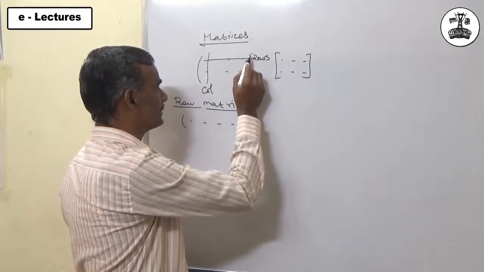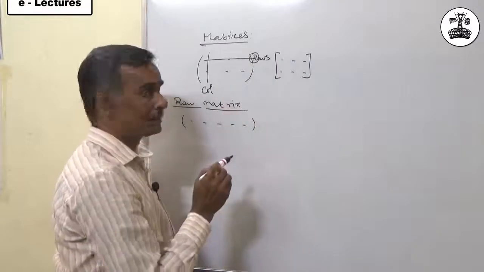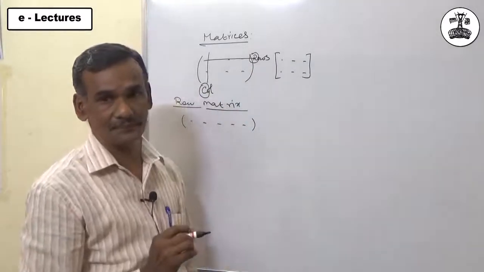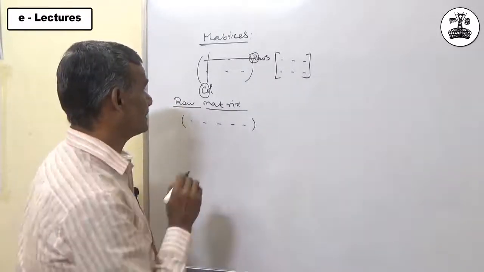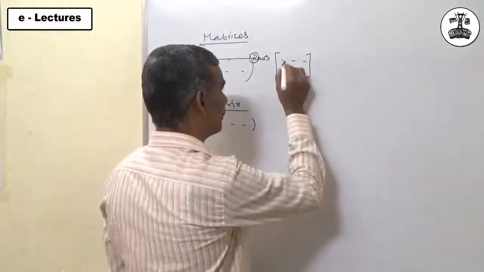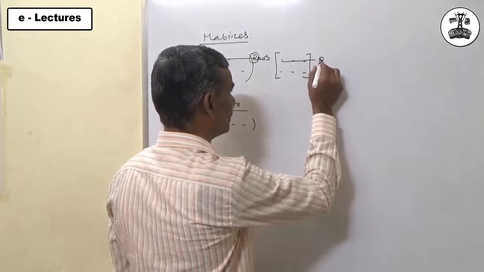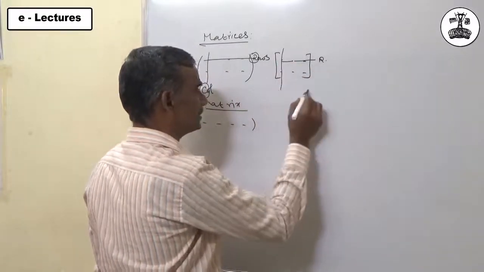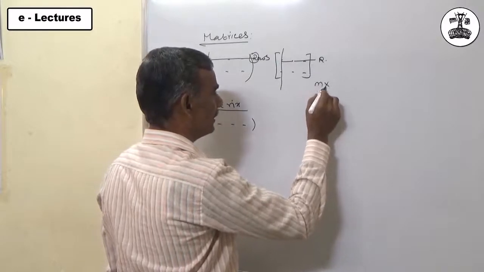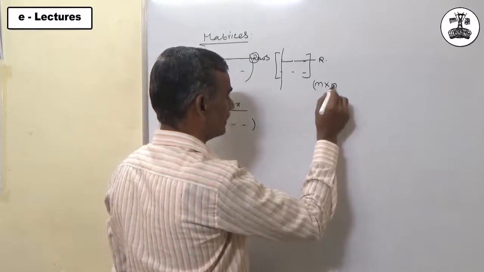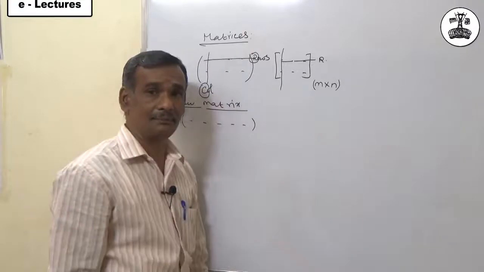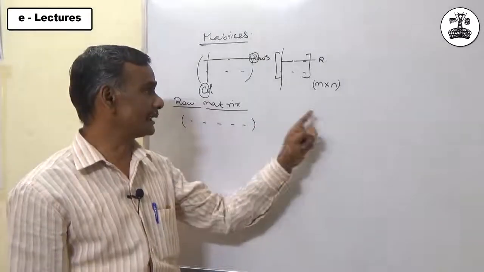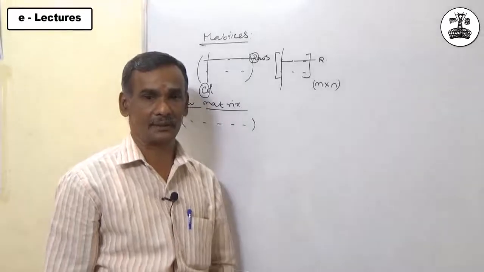It is denoted by the symbol row R. The column is denoted by the symbol column C. A matrix has, suppose m rows, so R1, R2 and so on, m rows, and a matrix has n columns, then it is said to be a matrix of order m cross n. The first number denotes number of rows, and the second number n denotes the number of columns.